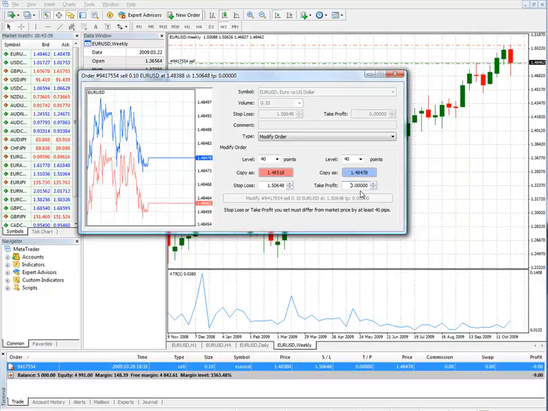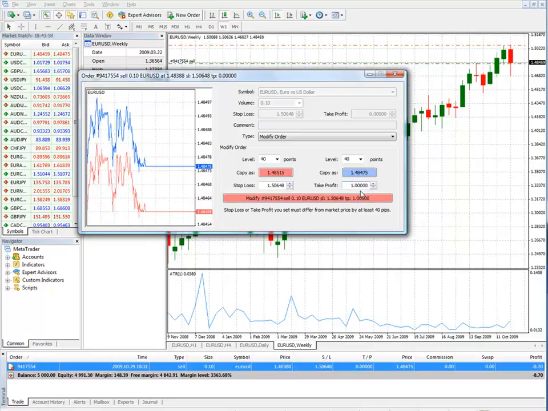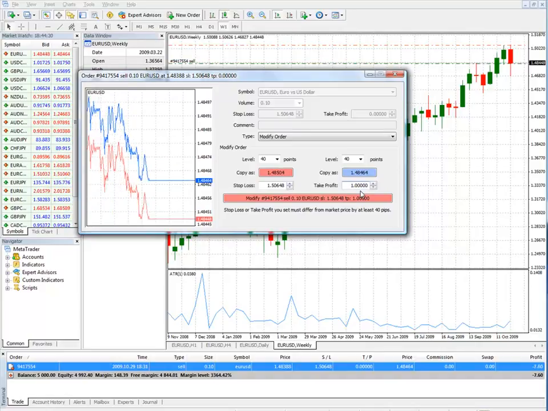So if we're looking at risking roughly 233 pips or so, then let's make our profit 466 pips. So if we go below, we're going to base this on our entry point, 43728.